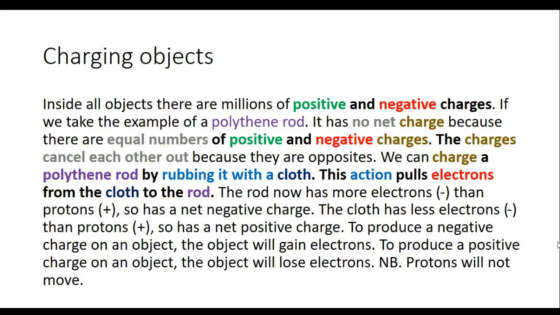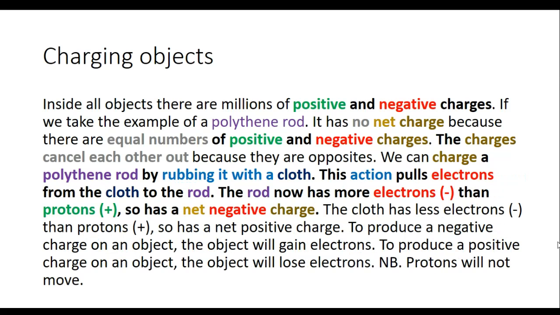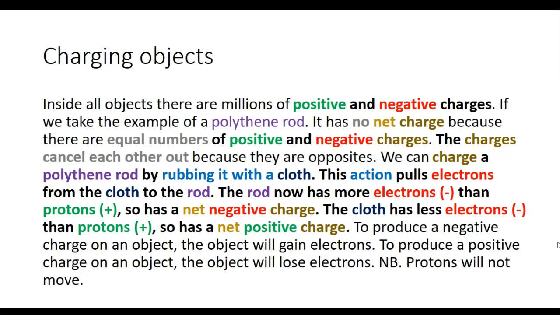This action pulls electrons from the cloth onto the rod. The rod then has more electrons than protons, so this gives it a net negative charge because electrons have a negative charge and now it has more electrons. The cloth has less electrons, so it has a net positive charge.